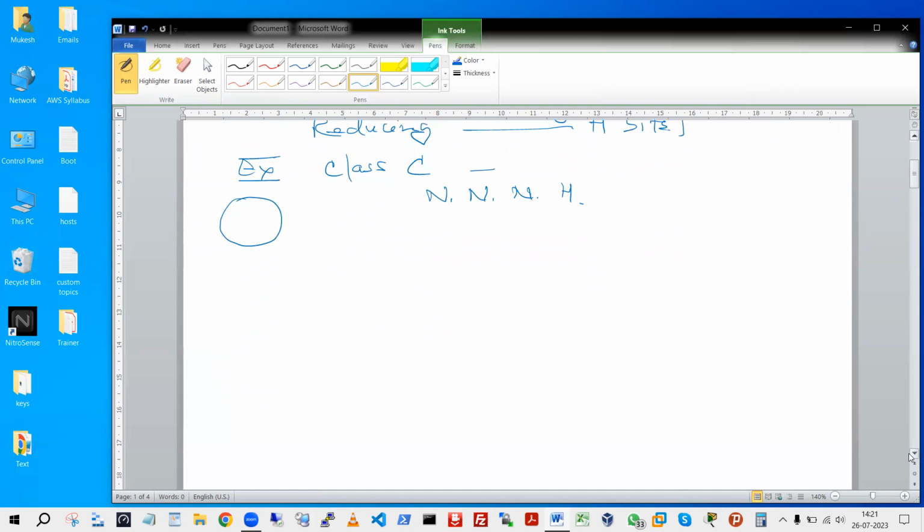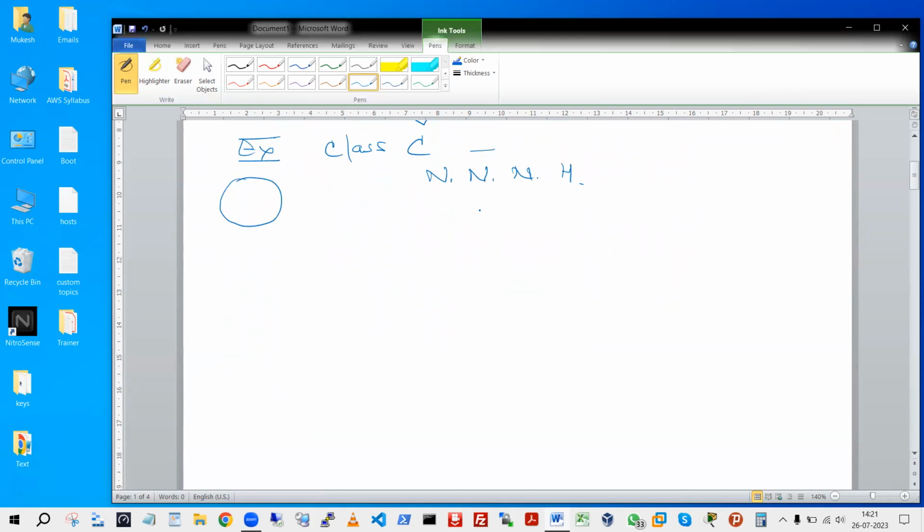Now, according to the class rules, in a class C network, we have got 24 network bits and 8 host bits, right? This 24 and 8, this is according to class rules. Fix नहीं है. और अब इस क्लासफुल नेटवर्क को अगर हमें सबनेट करना है, डिवाइड करना है, तो क्या करना होगा?